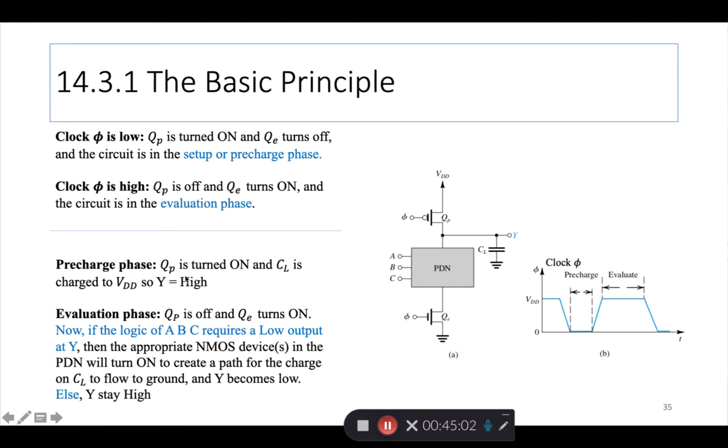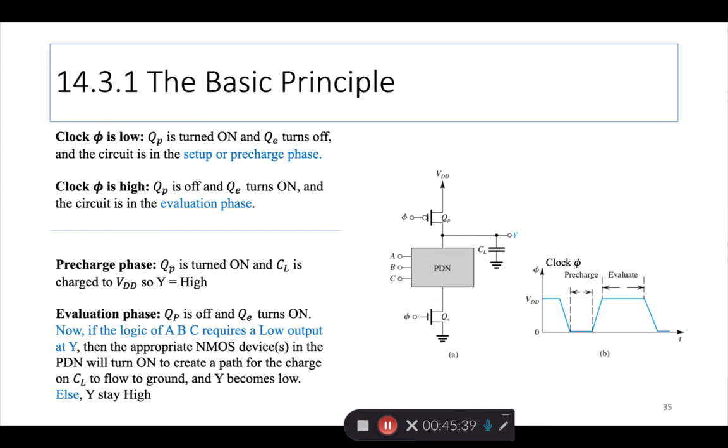In the pre-charge phase, QP is turned on and CL is charged. So this output capacitor is charged to VDD so that the output is a high. In the evaluation phase, QP is off, right? This goes off, and QE turns on. So now remember this is already high. Will it stay high or will it go low depends on the logic inside the PDN.